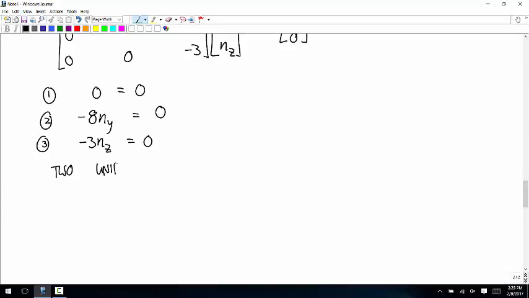So 2 unit vectors meet these conditions. y has to be 0, and z has to be 0. What are the possible unit vectors? 1, 0, 0, and negative 1, 0, 0.